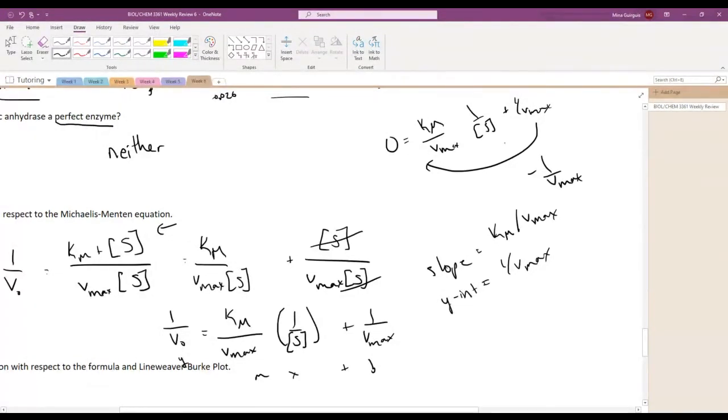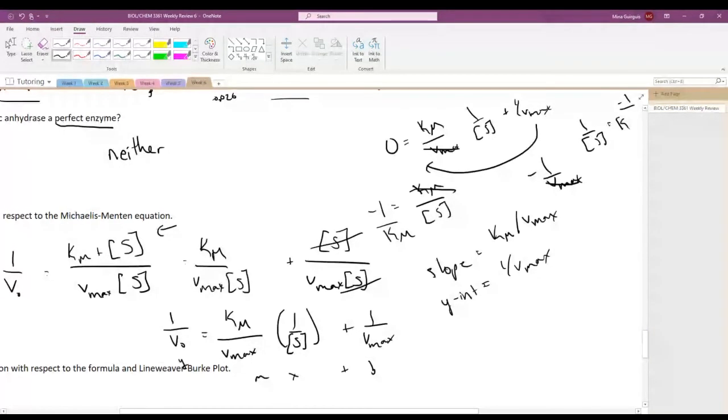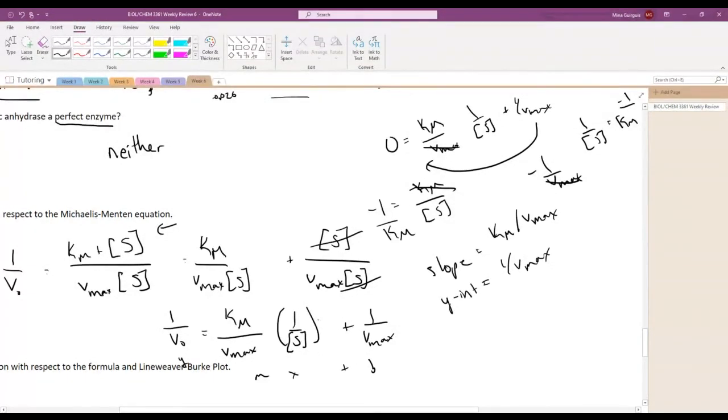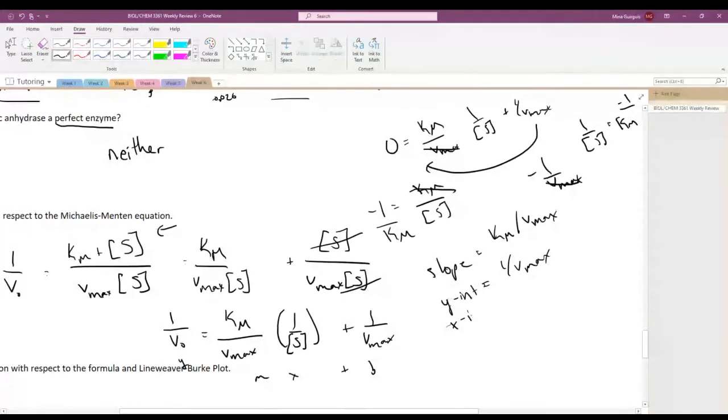On the left, we multiply both sides by Vmax to cancel those out. So you're going to get negative 1 equals Km over substrate concentration. We multiply by substrate and divide by Km. And so for the x-intercept, 1 over substrate concentration will equal negative 1 over Km. That's something that a lot of students don't get where it comes from, but it's mostly just algebraic manipulation. X-intercept equals negative 1 over Km.